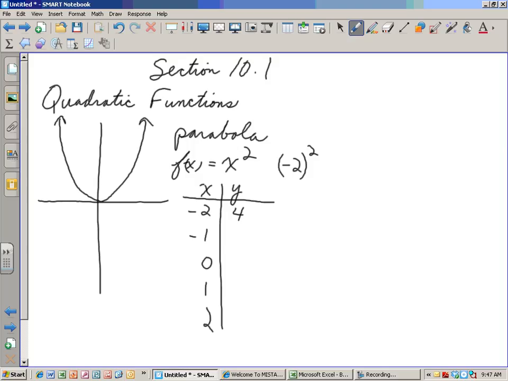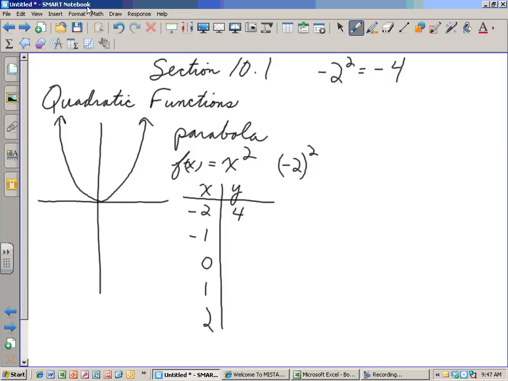If you were to put this in your calculator, your calculator will give you -4. So you've got to be careful, and that's the right answer. But if you're going to insert a number with a variable, please use parentheses.